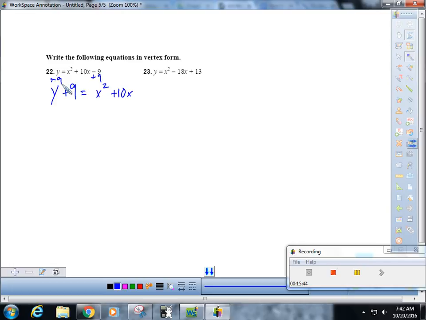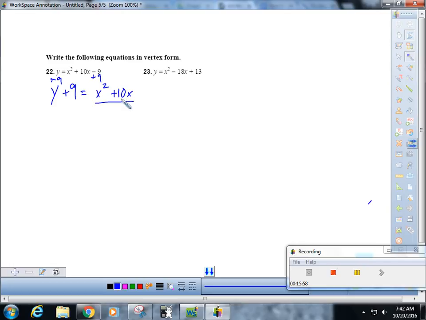Okay, so I screwed the beginning of this up. Sorry, I've never taught this before. Do you see what I did there? All I did was add 9 to both sides to start. Essentially, I got my x's by themselves. Does that make sense? So far, so good? All right, now I want to complete the square on this side. So what's half of 10?